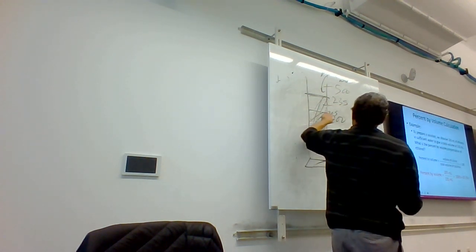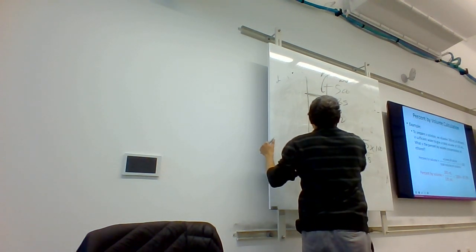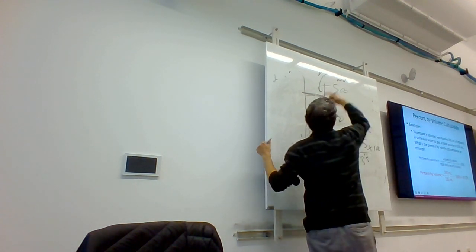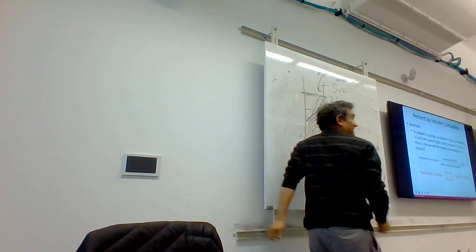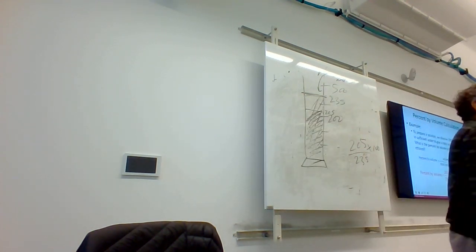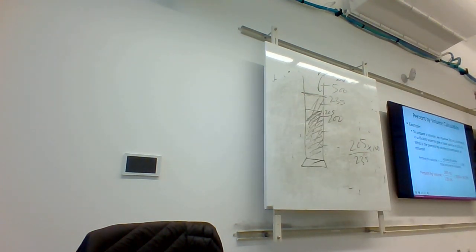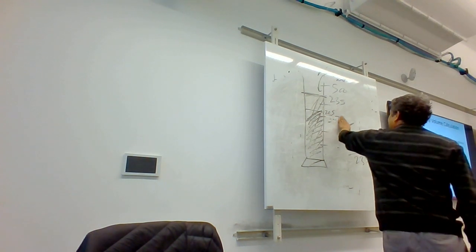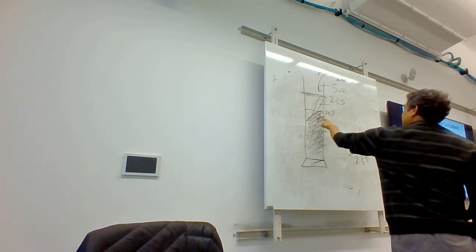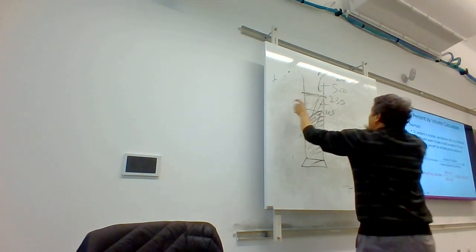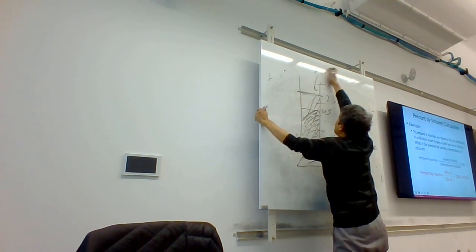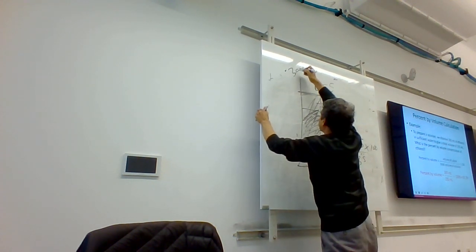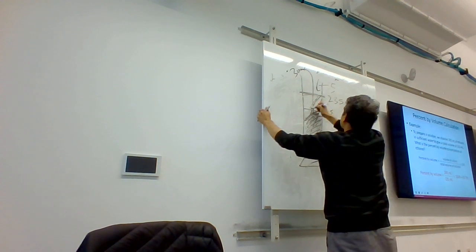This part I put there first, and then I added some water to make it 235. I didn't add 235. I added 30 to make 235. Have you got that or no? I was already up to 205. That was the ethanol, and I added 30 ml from here to here. So that becomes 235.